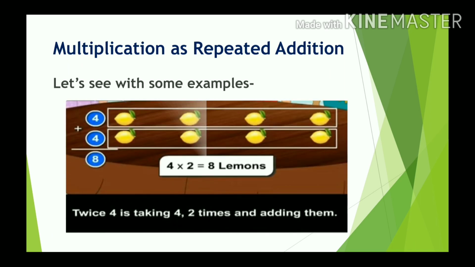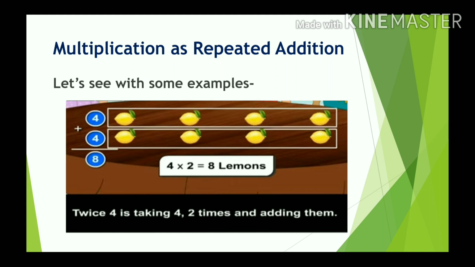Now here you can see lemons are arranged in 2 rows and each row contains 4 lemons. Now we will do the addition of the lemons of each row. So we get 4 plus 4 is equal to 8, which means there are 8 lemons in total. We can also do this as multiplication.